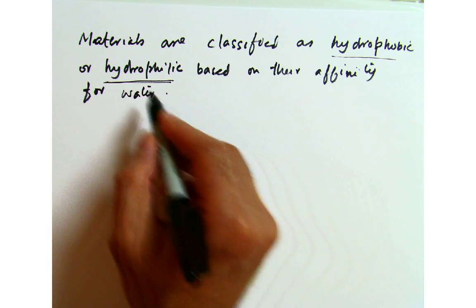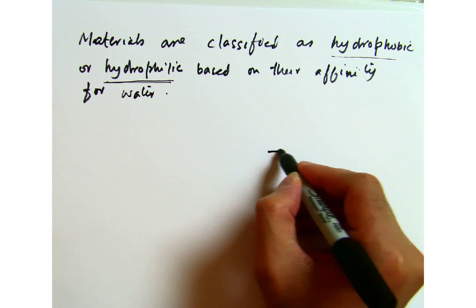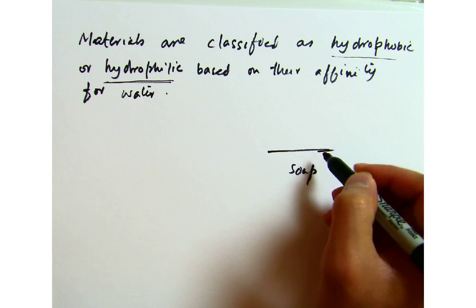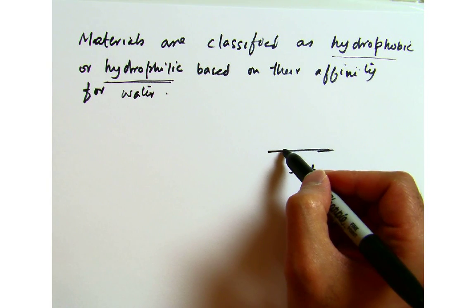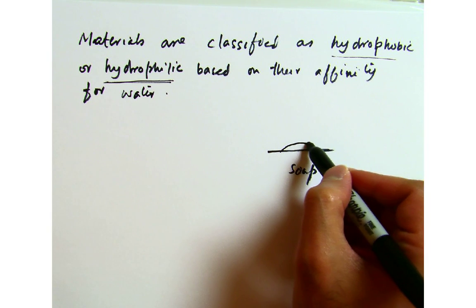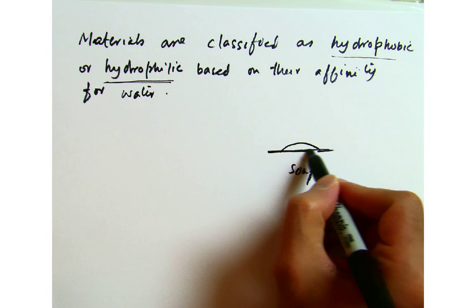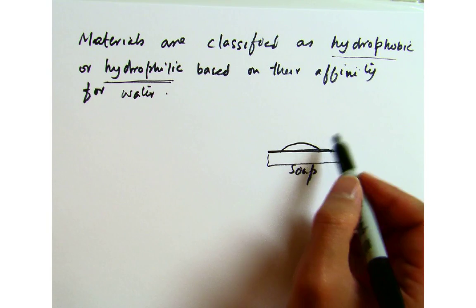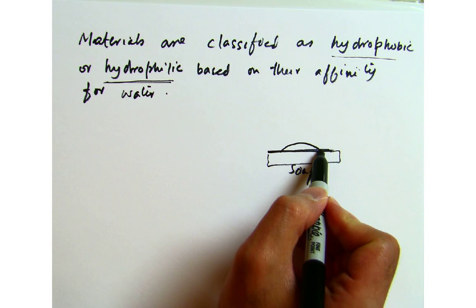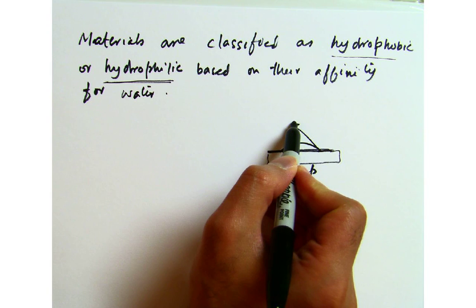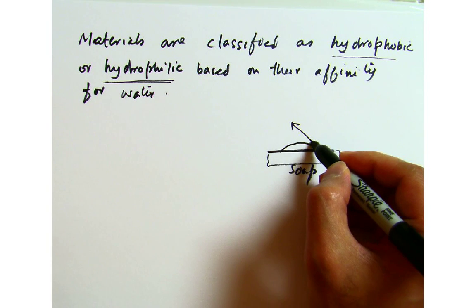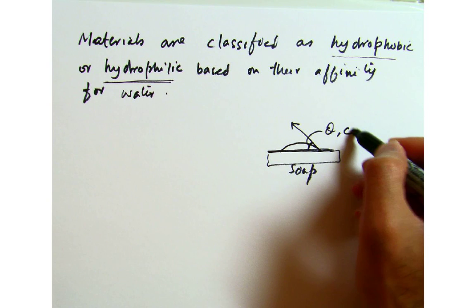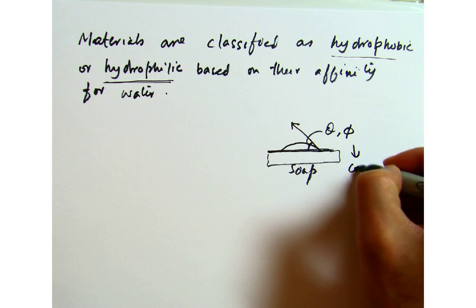So for example, let's take a look. If you have a soap bar, it is hydrophilic, because the water droplet actually looks something like this on a soap bar, because it will reduce its surface tension. Then I create an angle, which I'm calling theta, or sometimes it's also called phi, and it is called the contact angle.